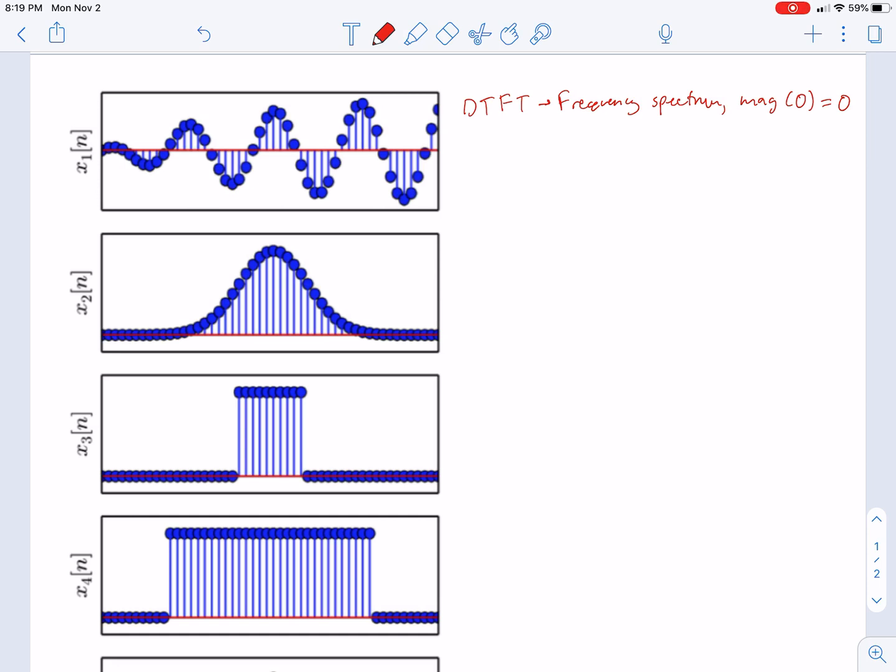So we know if we have two sinusoids multiplied together, think two cosines multiplied together, that's modulation. This graph is going to look like a modulated signal graph.